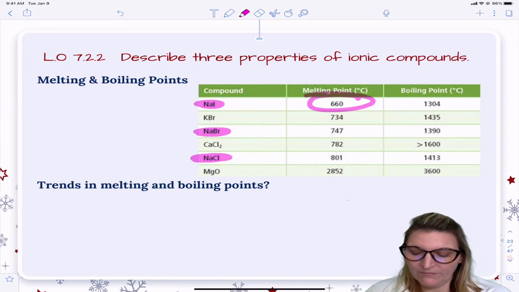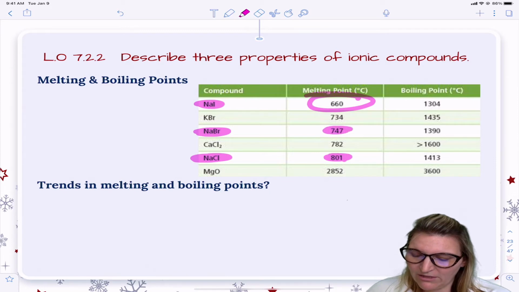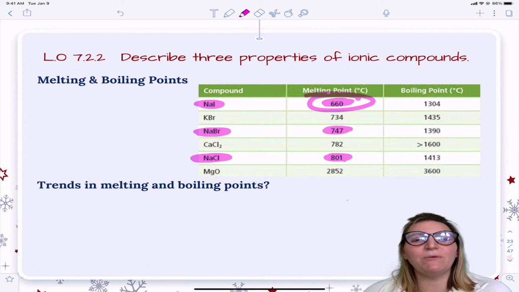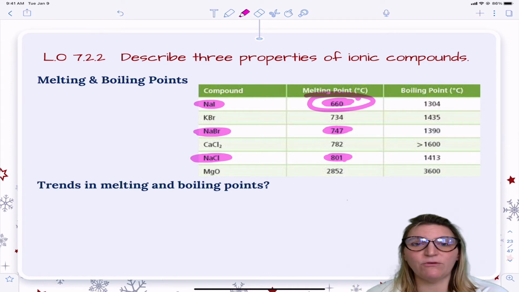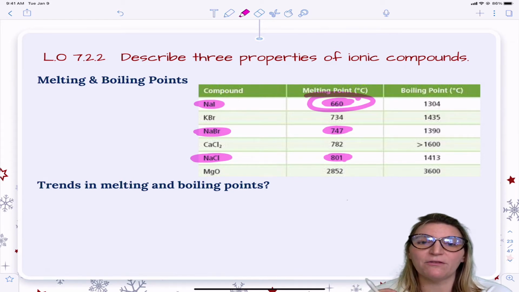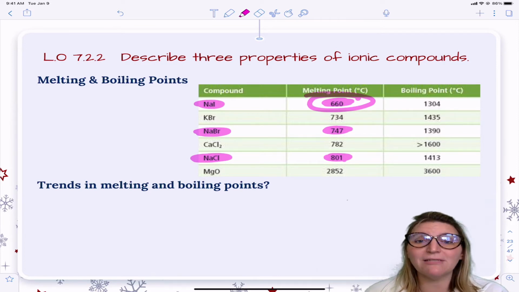So NaCl, NaBr, NaI. And we can see the same trend that occurred with lattice energies happens with melting points. Of those three, chlorine is the smallest ion. So the smaller the ion, the closer the ions are together, the greater the attraction and the more energy it takes to overcome that attraction, because that is what melting is.